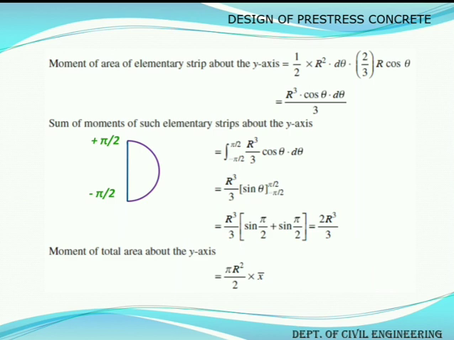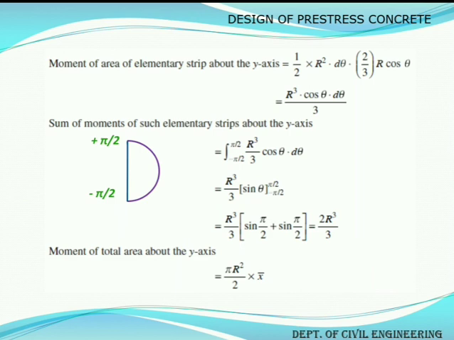Therefore, integrating r cube by 3 cos theta d theta from minus pi by 2 to pi by 2, we get 2r cube by 3. So this is our fourth step, and the output of our fourth step is 2r cube by 3.